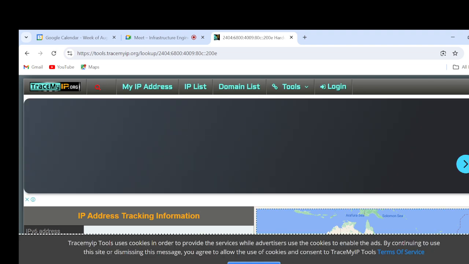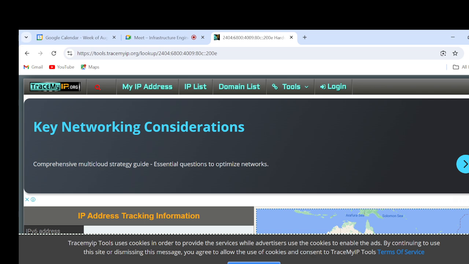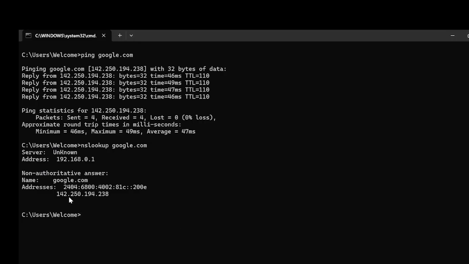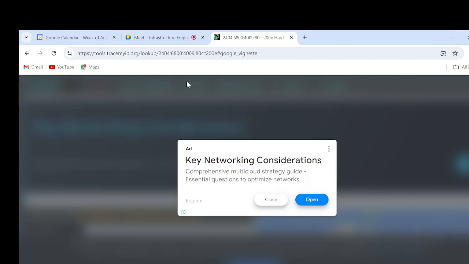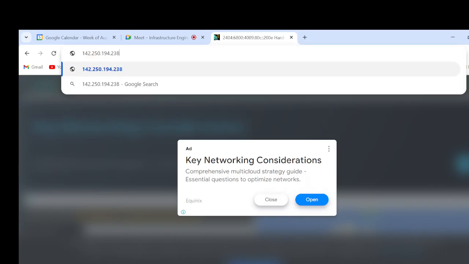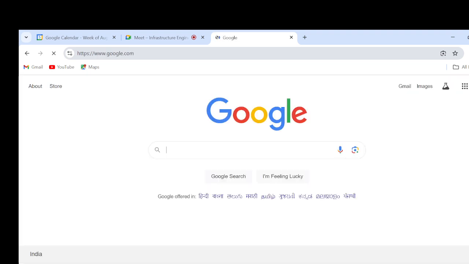I think it's a masked IP address because IPv6 is not globally enabled now. That is the reason I'm unable to open it. But if you see this IP address, 142.250.194.238, you will be able to browse Google. See, it has opened Google. I have used that IP address, but it is resolving to Google.